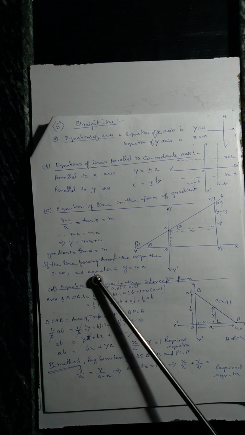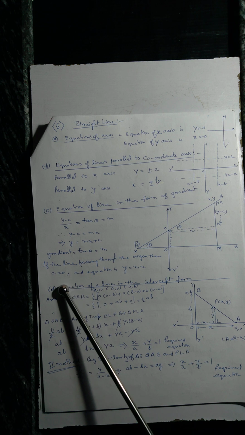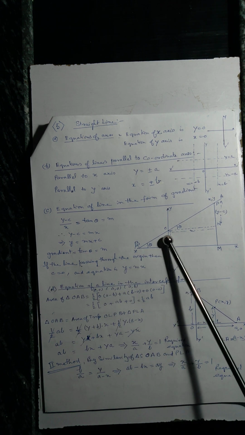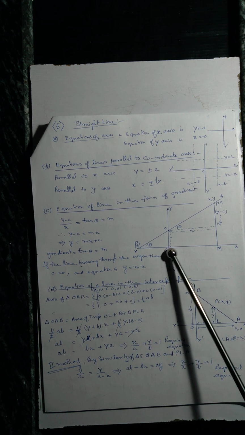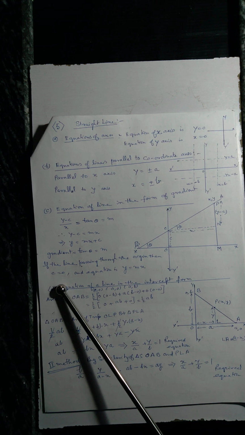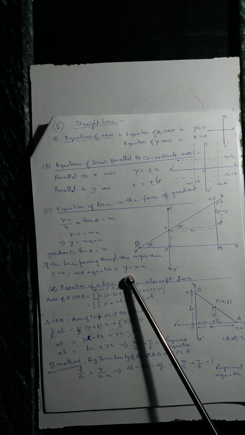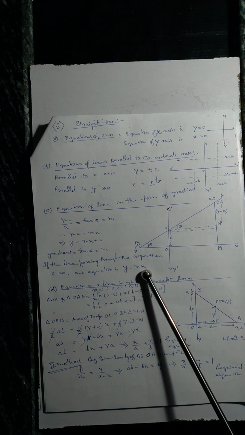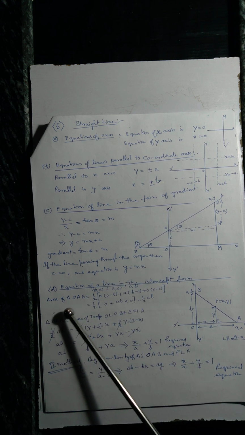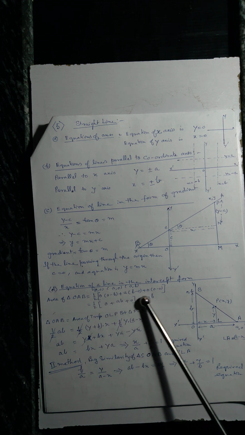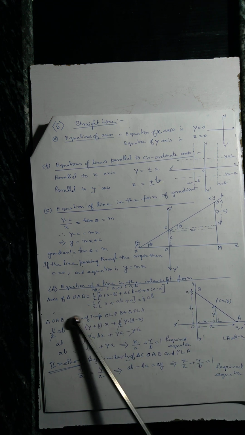If the line passes through the origin, then c will be equal to 0, means the intercept on y-axis will be 0 because the line is passing through the origin. And the equation will become y is equal to mx. Now the equation of the line in the intercept form.